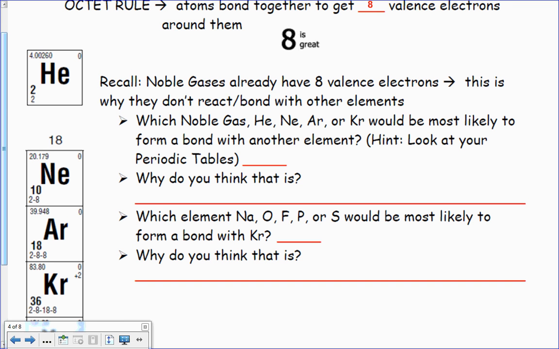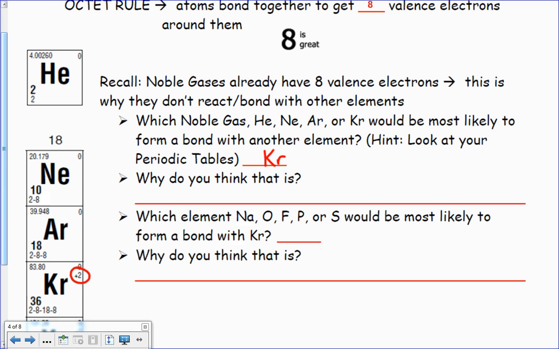So it says here, which noble gas, helium, neon, argon, or krypton would most likely form a bond with another element? Well, we have learned that the noble gases do not form any bonds. But if I look down here at Kr, it sometimes can form an ion. So if one of these was going to bond first, it would be Kr.